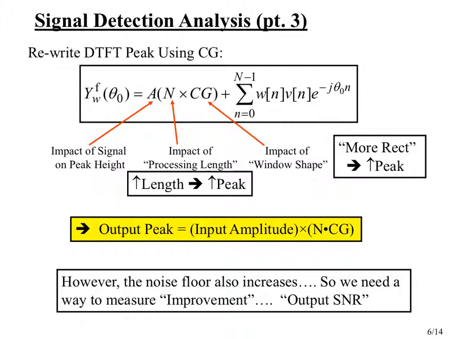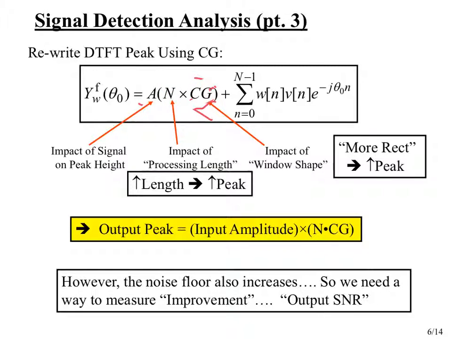So we can now rewrite our result. We had A times the sum of the window, and now remember our coherent gain was defined as the sum of the window divided by N. So if I take the sum of the window divided by N and multiply by N, the N's cancel and I'm left with the sum of the window, which is what we had to begin with.